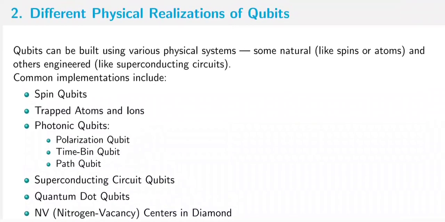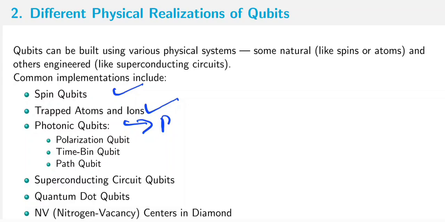There is not just one kind of qubit. Scientists have created qubits in many different physical forms. Some are made using natural particles like electrons or atoms, and others are made using engineered systems like circuits or tiny quantum dots. The main types include spin qubits, trapped atoms and ions, and photonic qubits.